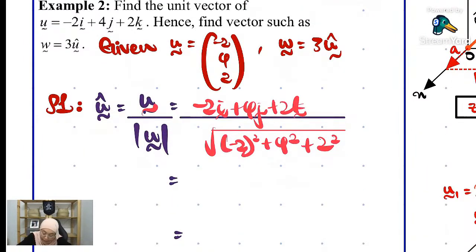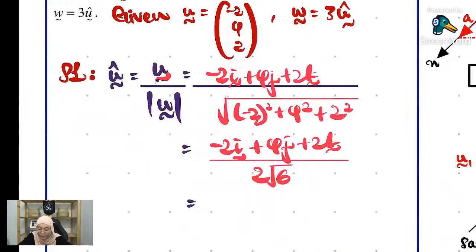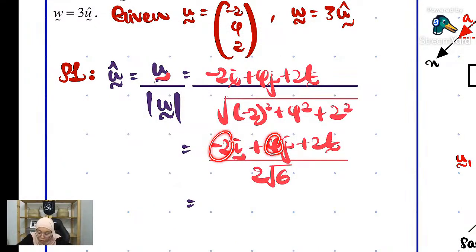And you will get negative 2i plus 4j plus 2k over, this one you have to use a calculator. You will get square root of 2 square root 6. 2 square root 6. You must use your calculator. And from there, you will see that this one is 2, 4, and 2.